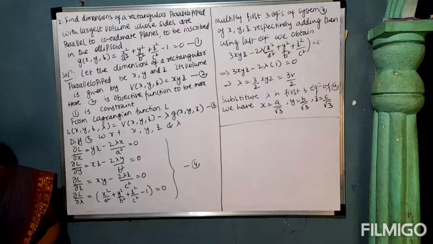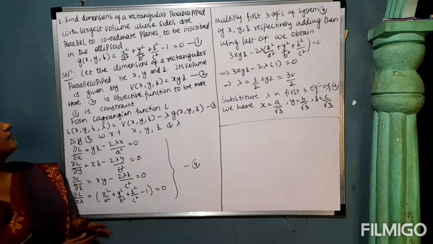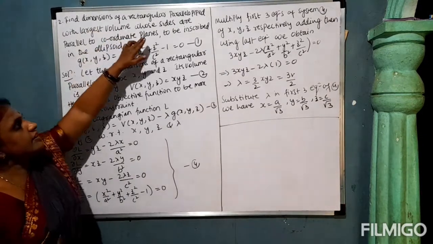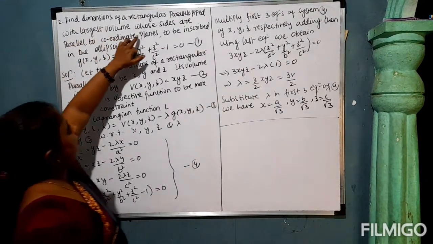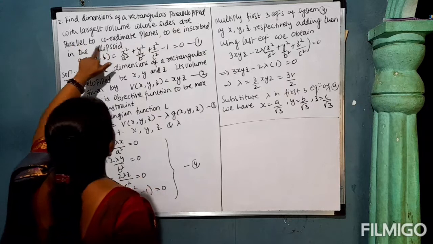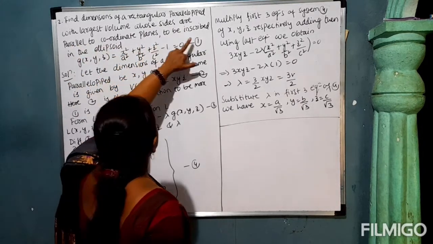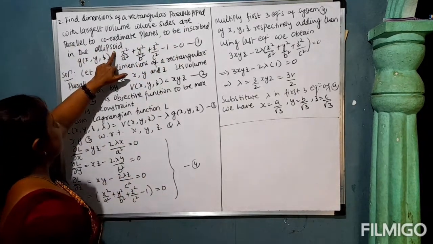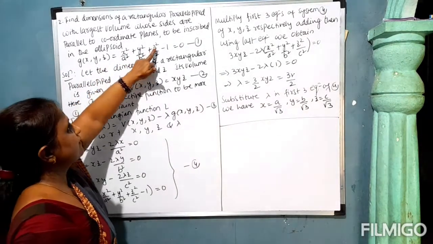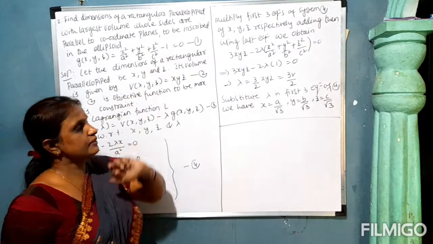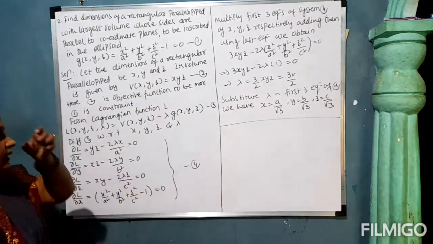Now the next problem is: find the dimensions of the rectangular parallelepiped with the largest volume, whose sides are parallel to the coordinate planes, to be inscribed in the ellipsoid given as x square by a square plus y square by b square plus z square by c square minus 1 equal to 0.